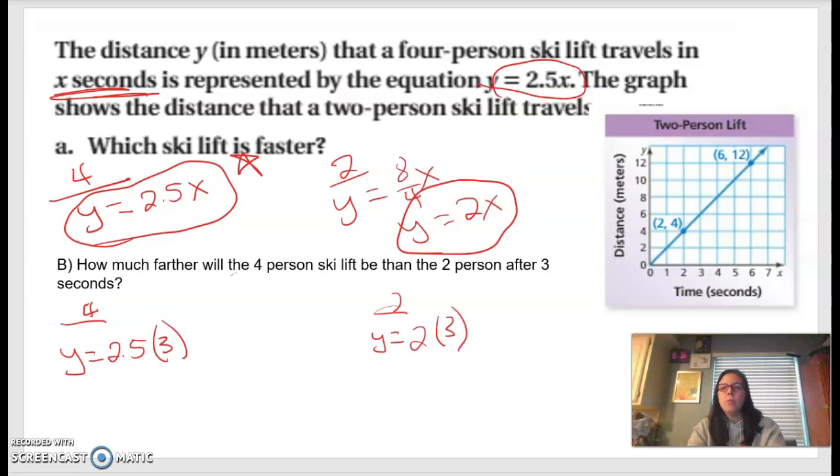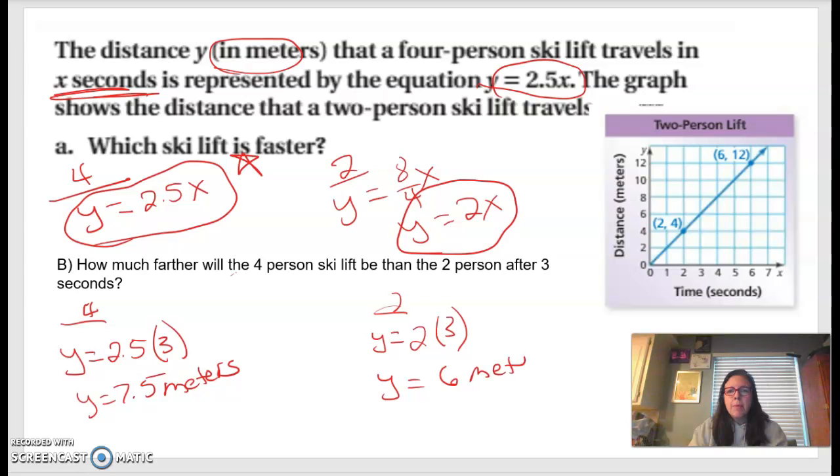So 2.5 times 3 is going to be 7.5 meters. And even I have to look back up. I'm like, what is that in? Oh, it's in meters. And then the 2-person would be 6 meters. But it says how much farther. So it would be 1.5 meters farther.